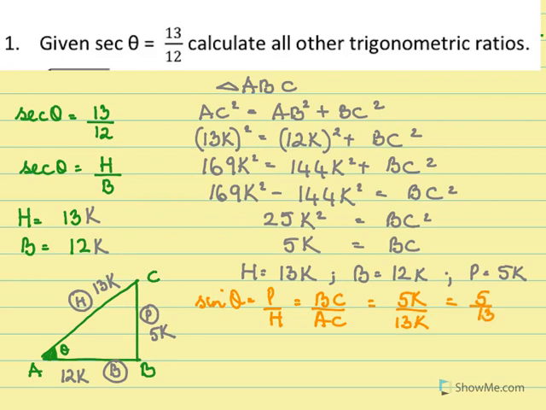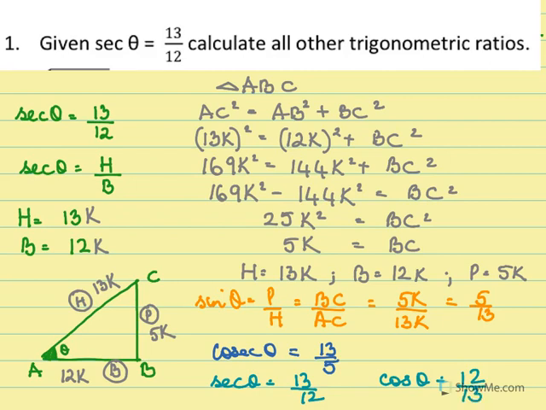Then if you know sine theta, you also will know cosec theta. So cosec theta is just the reciprocal of sine theta, and hence cosec theta would be 13 by 5. Next you can find cos theta. Since sec theta is given as 13 by 12, your cos theta will be 12 by 13.